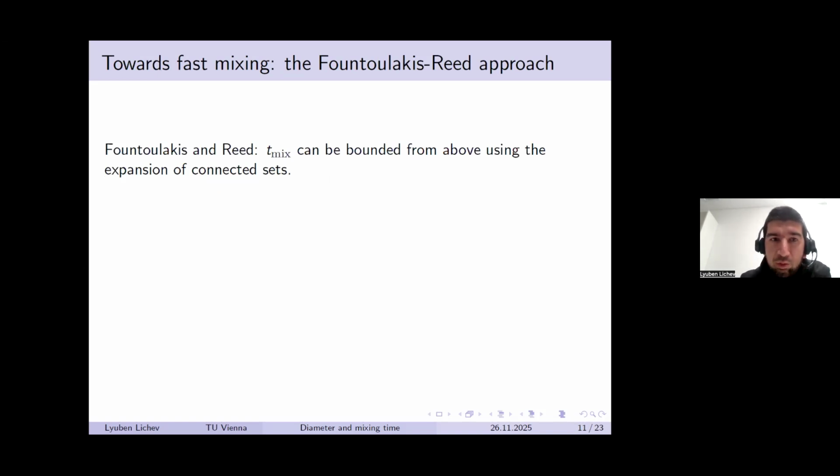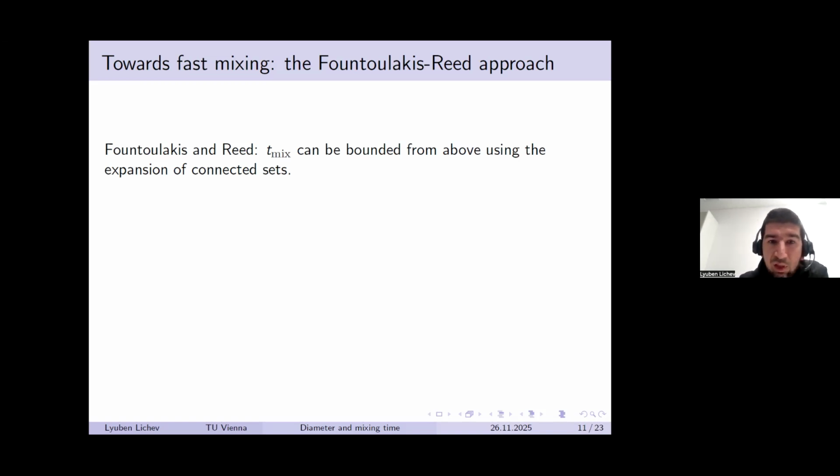So let me tell you maybe something about the approach that we're using. And the approach starts with an approach already used by Fountoulakis and Reed to give an upper bound for the mixing time of the lazy random walk on G(n,p).